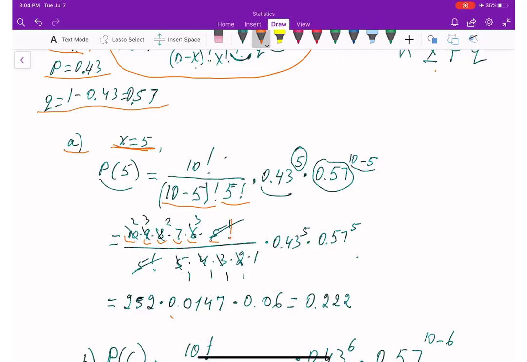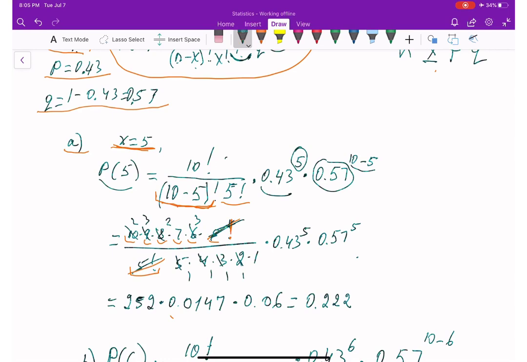Why do I stop at 5 factorial? Because at the bottom I have 10 minus 5 factorial, right? So 10 minus 5 is going to be here, 5 factorial. That's why I open till 5, so I can cancel this with this. Yes? Let me rewrite it.